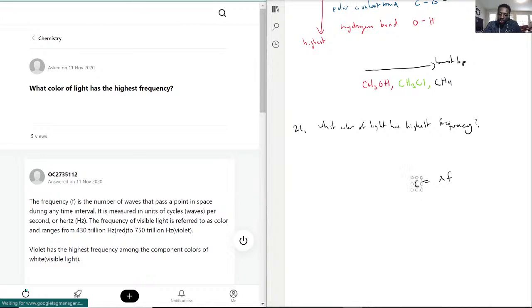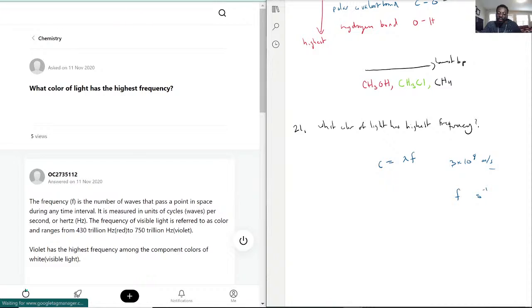So with that being said, c is 3.0 times 10 to the 8 meters per second. The way it works is that frequency highlights how often something occurs per second, hence the units of frequency are s to the minus 1.